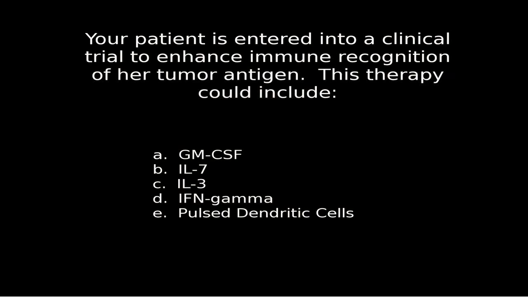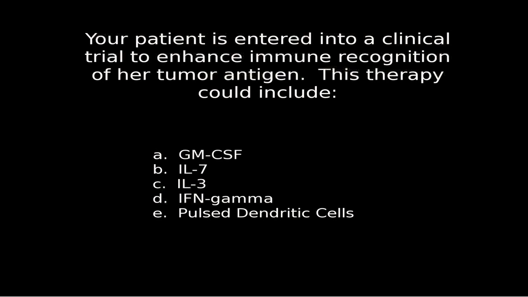A, GM-CSF, no, that's just a growth factor for your granulocyte monocytes. B, IL-7, no, that's not immune recognition, that's a growth factor for your lymphocytes, B cells, T cells, NK cells. C, IL-3, no, that's just an overall catch-all hemopoietic growth factor. D, interferon gamma, no, that's macrophage activating factor.